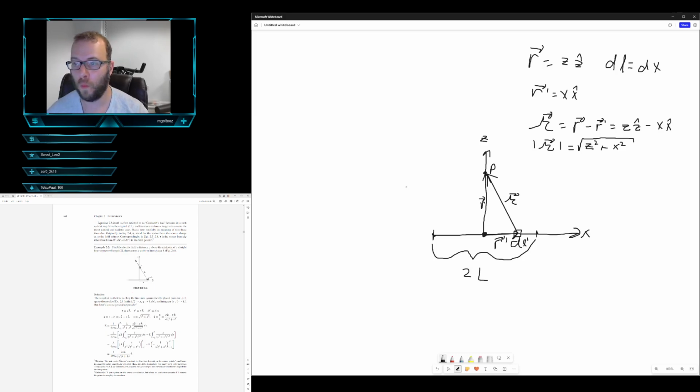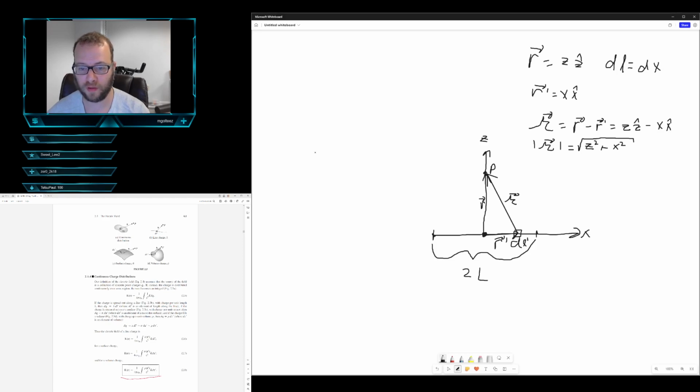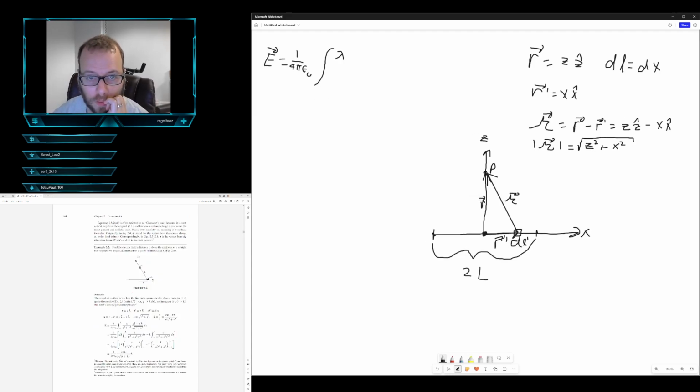So, what is Coulomb's law? Well, from what we saw before, Coulomb's law for a line charge is E equal to 1 over 4 pi epsilon naught times the integral of lambda. Now lambda is, they say it is a constant uniform line charge.